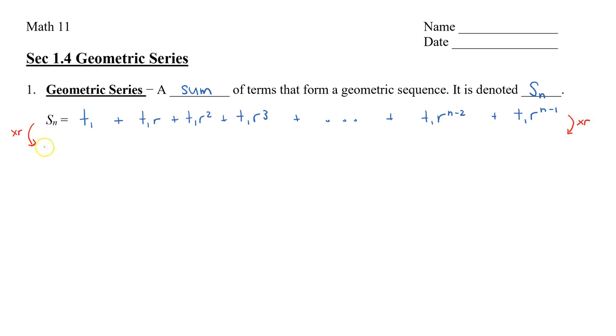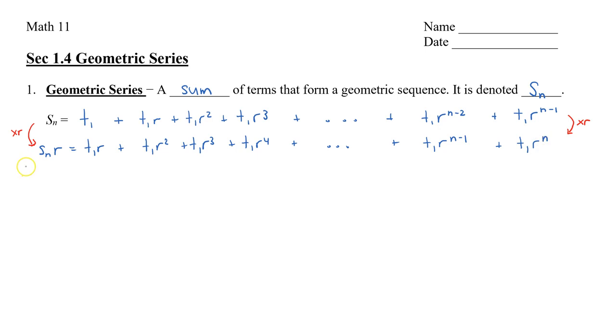So I now have SnR equals T1R plus T1R squared plus T1R cubed plus T1R to the 4, and so on. So the second to last one will be T1R to the n minus 1. And then when we multiply the last term by R, we get T1R to the n.